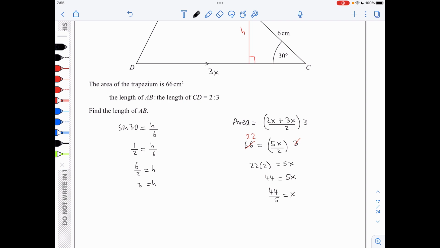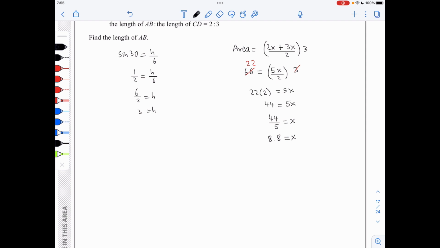Now 5 into 44, it goes 8 times, and the remainder of 4 over 5. So 8.8 is the value of x. We were asked to find the length of AB. So AB is simply 2x, which is 2 times 8.8, which gives an answer of 17.6 centimeters.